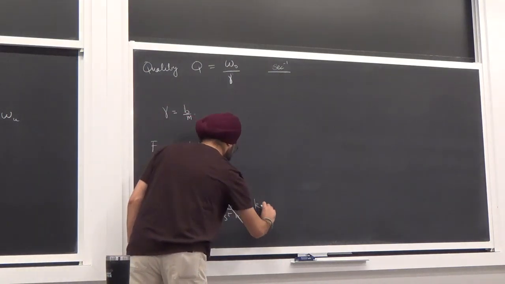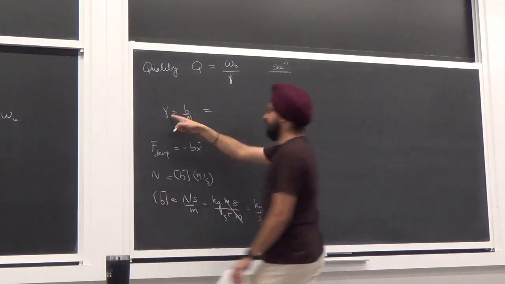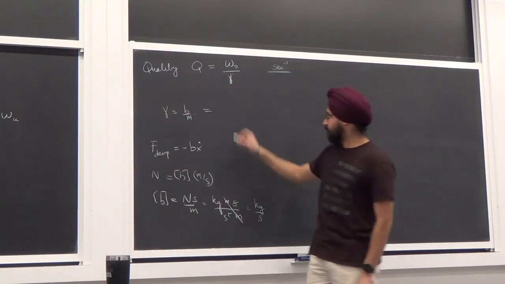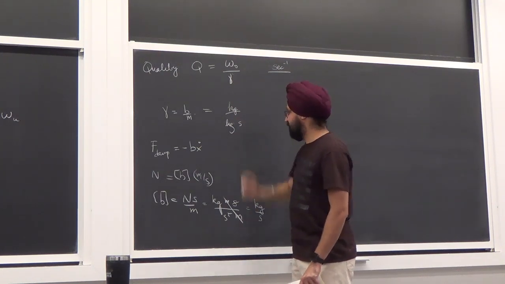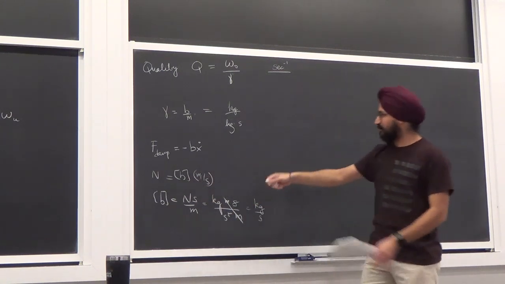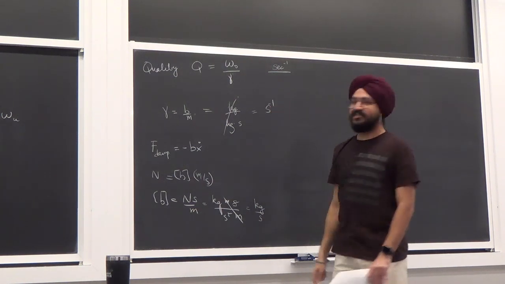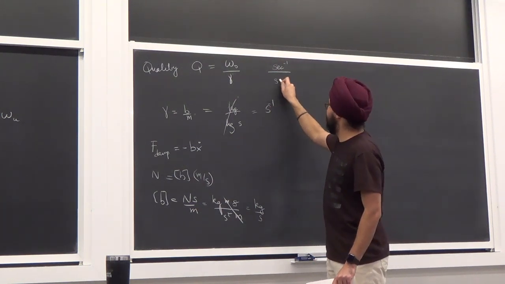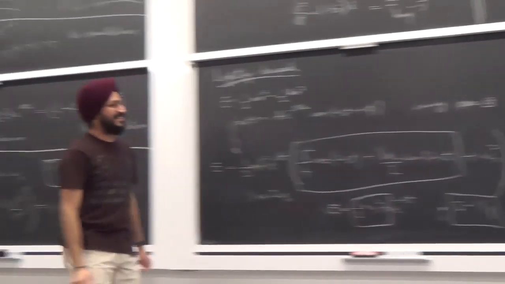So this is just kg over s. That's B. If I have B, gamma is B over m. So that is kg over kg times second. The kgs go away, so gamma is also inverse second. And plug this back here, and this is dimensionless. I was hoping this would work out. So it's a dimensionless number.